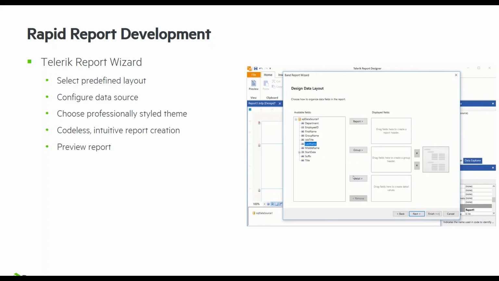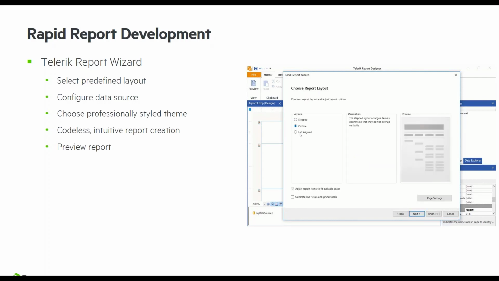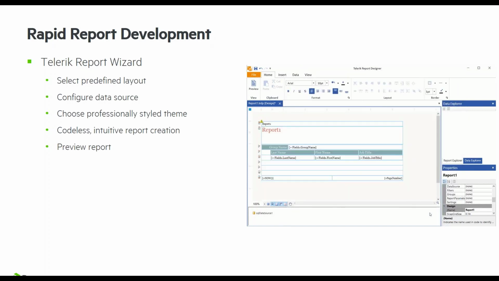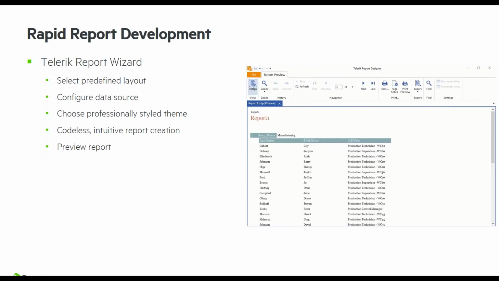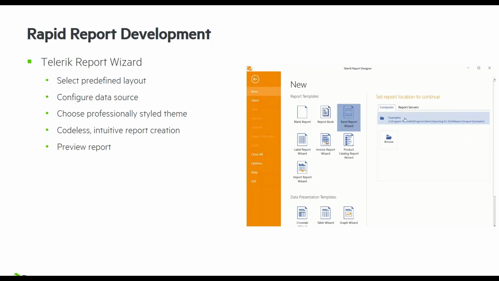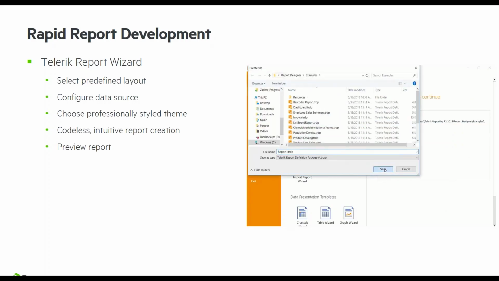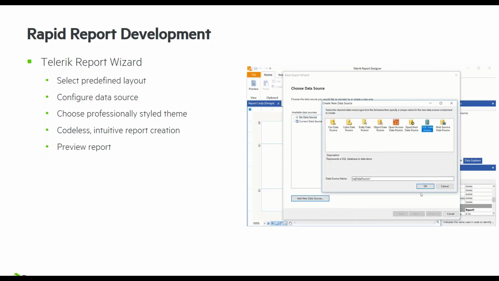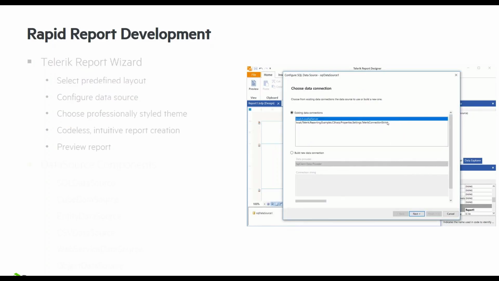You can then configure data sources for that report, a main data source and maybe data sources for tables inside of that report. You can then choose a professionally styled theme and very quickly jumpstart report creation, and as you do this in the designer, preview your changes without having to publish anything at all.